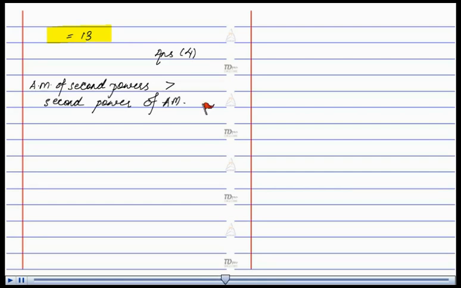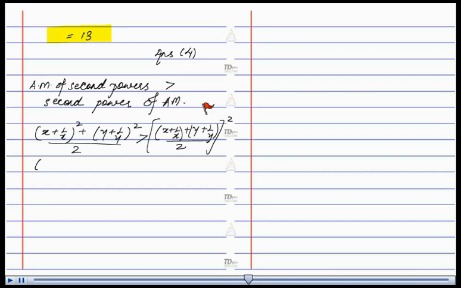Therefore, we get ((x plus 1 by x) whole square plus (y plus 1 by y) whole square) whole upon 2 is greater than ((x plus 1 by x plus y plus 1 by y) whole upon 2) whole square, or ((x plus 1 by x) whole square plus (y plus 1 by y) whole square) by 2 is greater than (x plus 1 by x plus y plus 1 by y) whole square divided by 4.